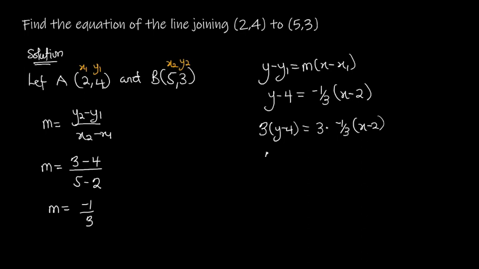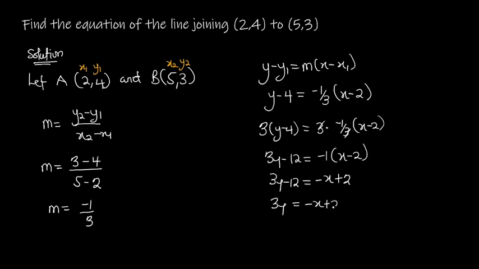If I expand this, I have 3y minus 12 is equal to, this will cancel this, so I'm left with negative 1 into bracket x minus 2. From here, I have 3y minus 12 is equal to negative 1 multiplied by x, which gives me negative x. Negative 1 multiplied by negative 2 gives me a positive 2. So I can rewrite my equation as 3y is equal to negative x plus 2 plus 12.